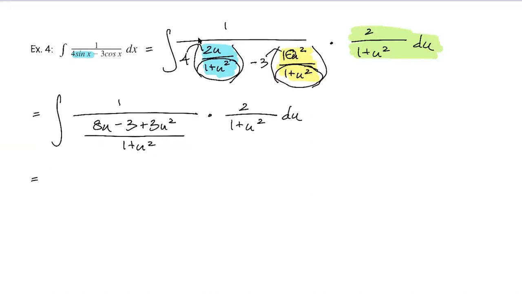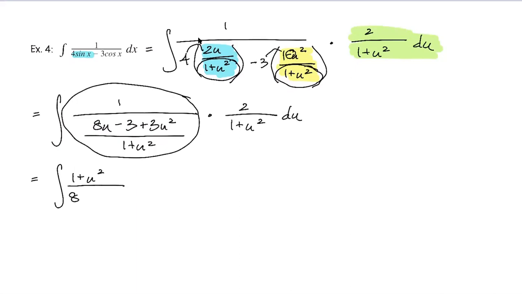Now, let's look at this right here, okay? So the definition of a reciprocal is that it's 1 over the thing. So when I have 1 over this fraction, it's really the same as the reciprocal of the bottom, which is 1 plus u squared over 8u minus 3 plus 3u squared times my 2 over 1 plus u squared du.